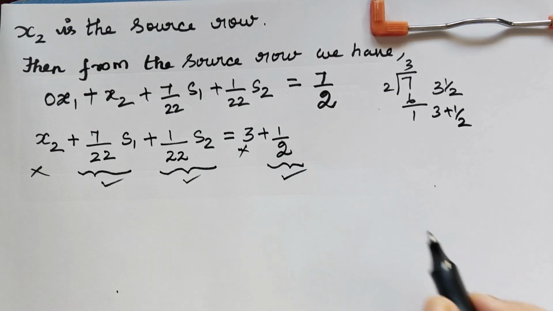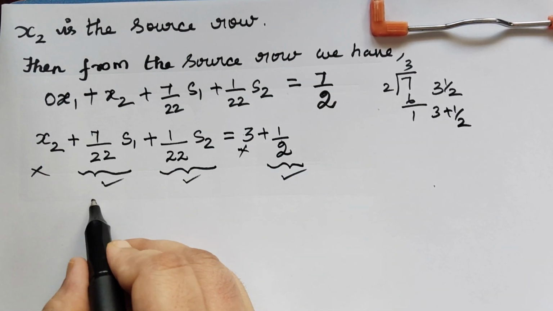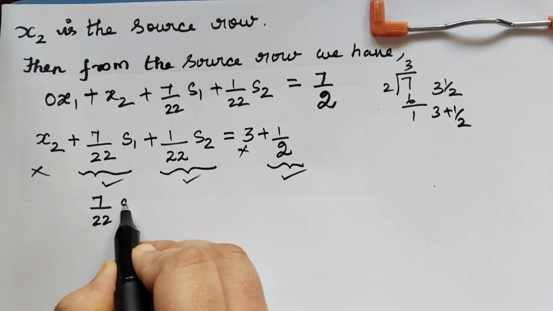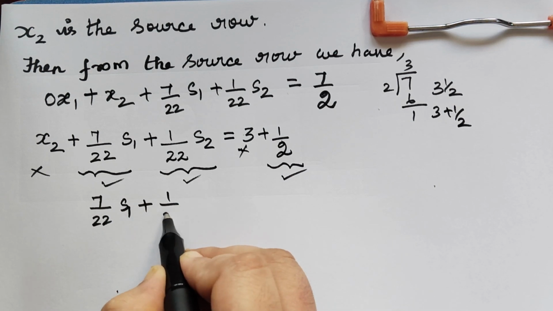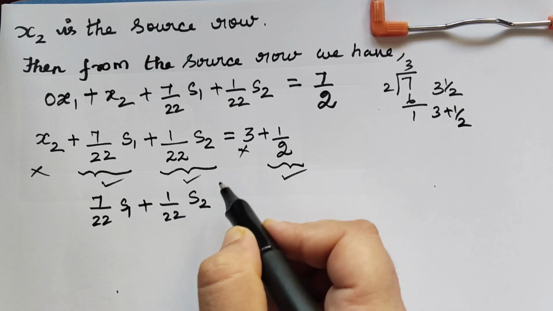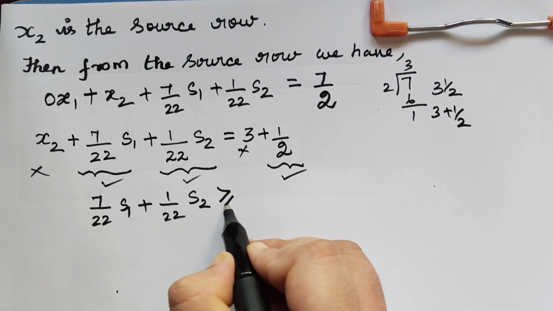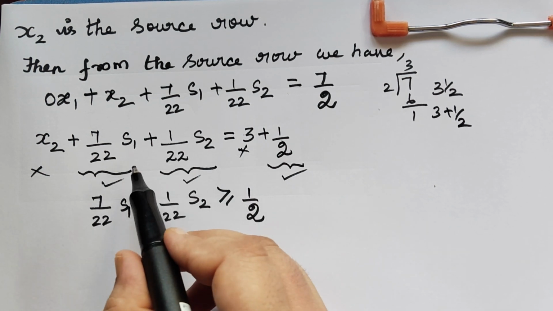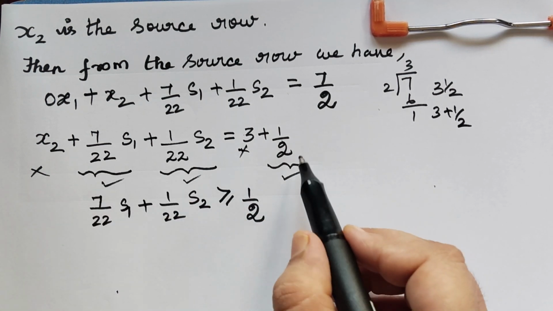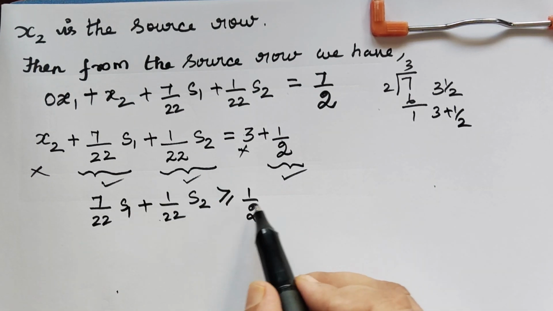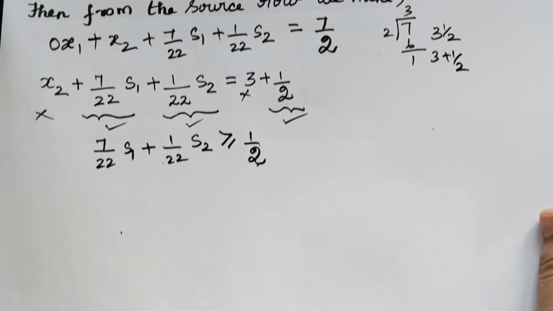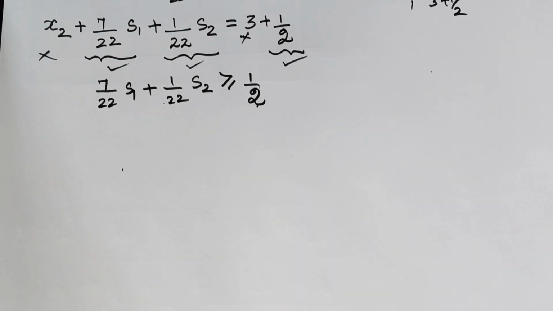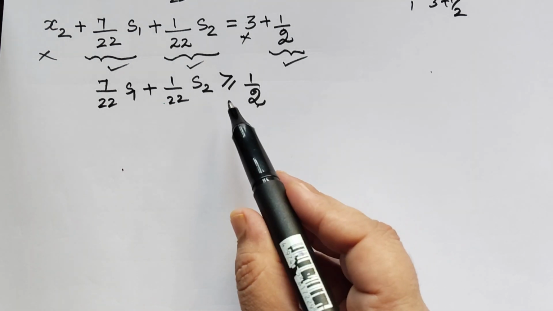So we can write this as 7 by 22 s1 plus 1 by 22 s2 greater than or equal to 1 by 2. This is because we are deleting this term, so definitely this will be greater than or equal to this 1 by 2. So we have obtained this constraint, and we see that it is greater than or equal to.